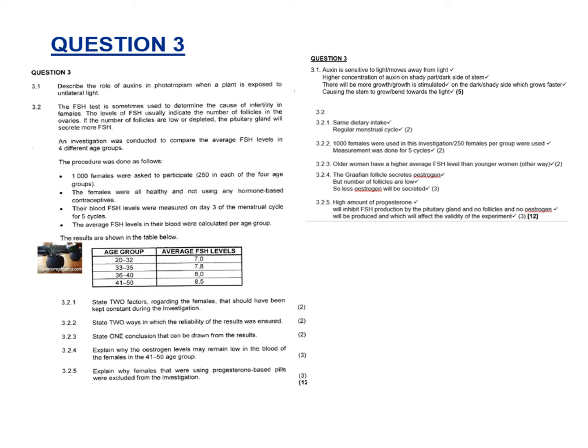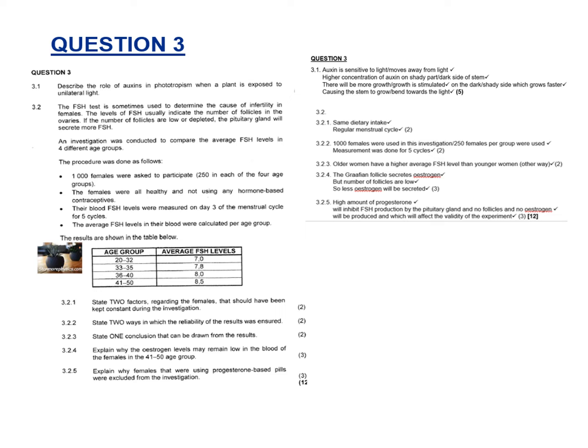That is one of the ways in which reliability was ensured. Then the next one, we can repeat the investigation, but here the investigation was not repeated. Here the measurements were taken for 5 menstrual cycles. So that is how reliability was ensured.